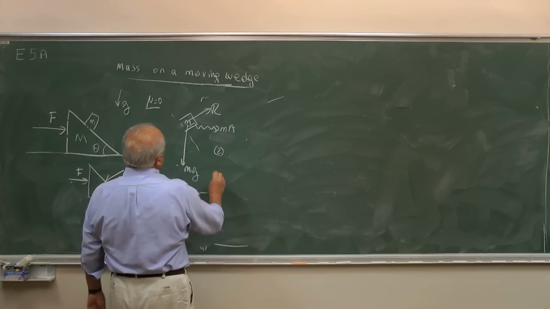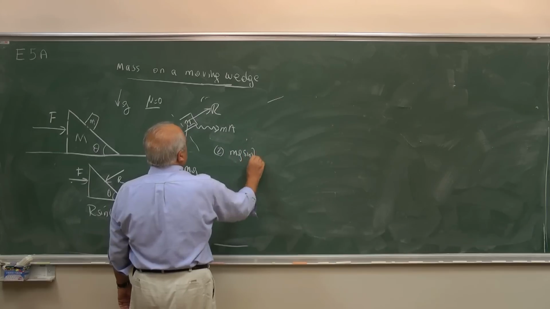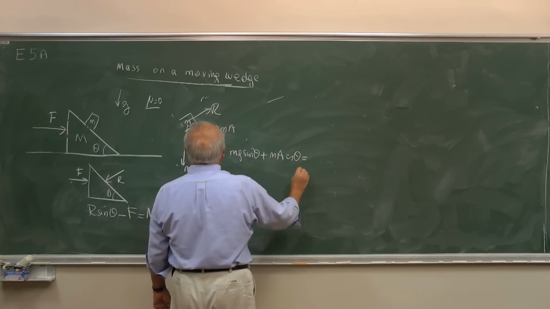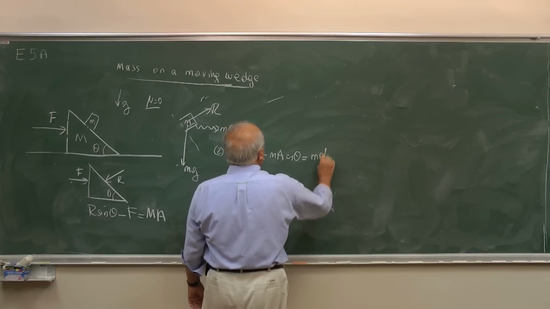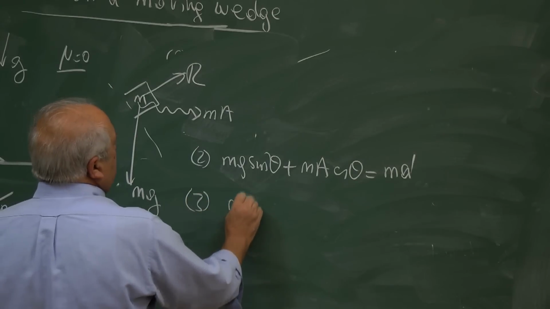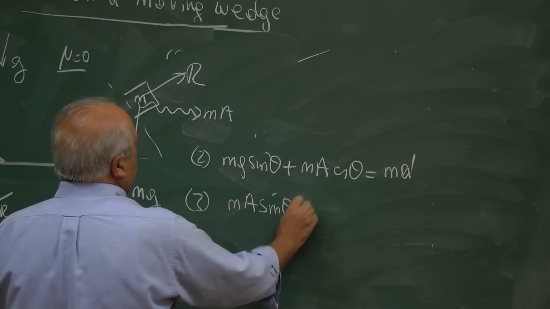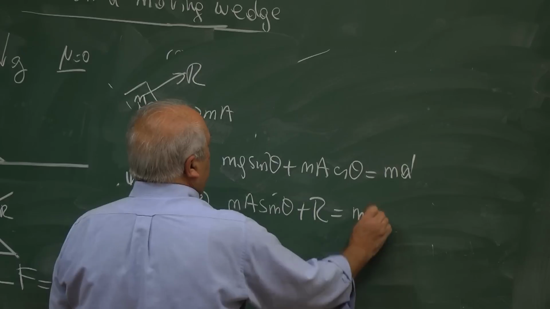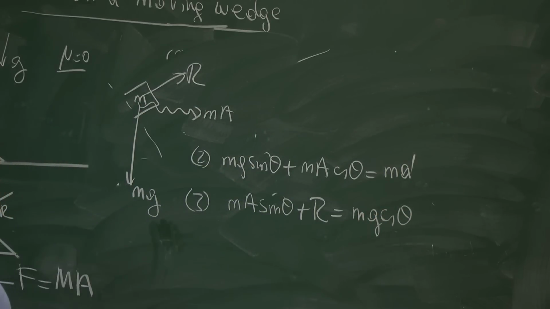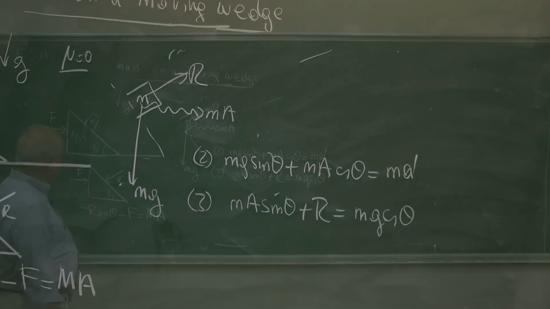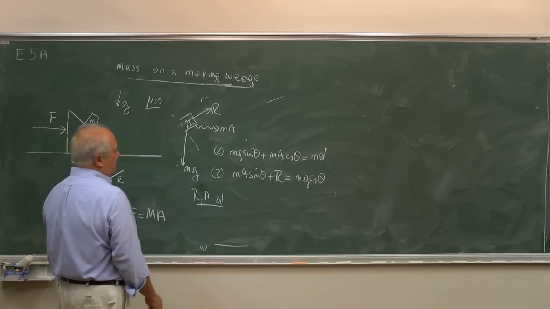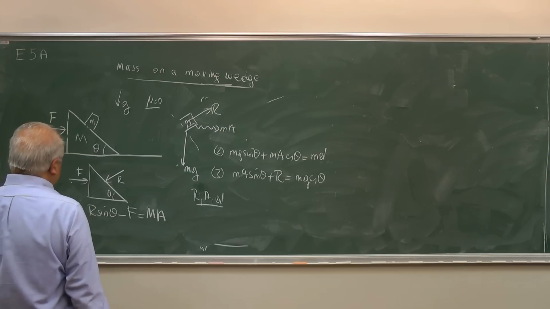Going down means mg sine theta plus ma cosine theta is equal to ma prime, and ma sine theta plus R is equal to mg cosine theta. Since F is given, again the only unknowns are R, A, and A prime. So we can solve for this.